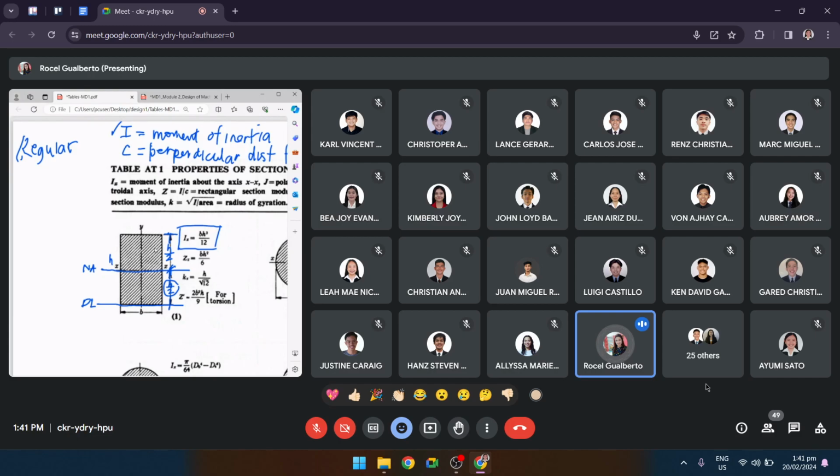So you have to compare the two distances, from the neutral axis to the top and from the neutral axis to the bottom.